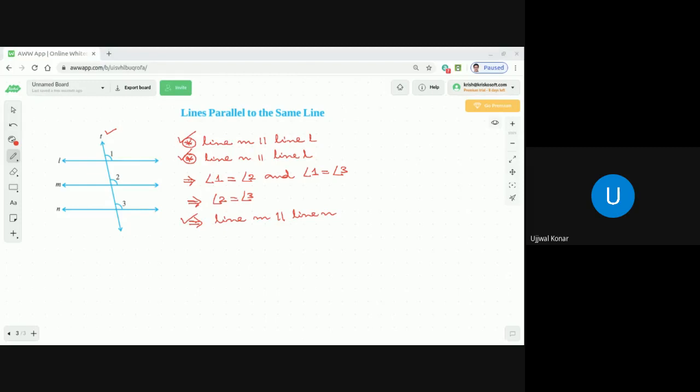Lines which are parallel to the same line. Let me write it down.